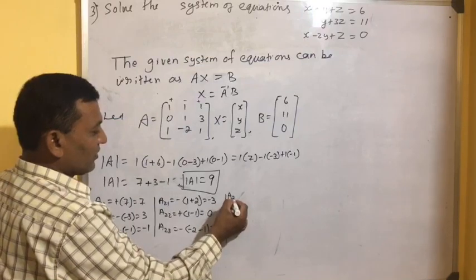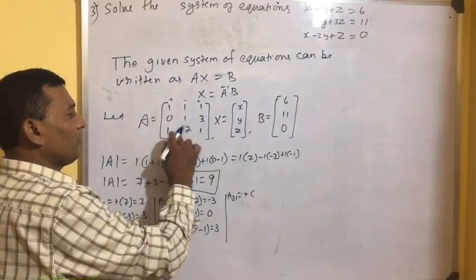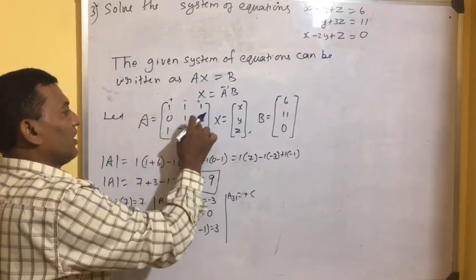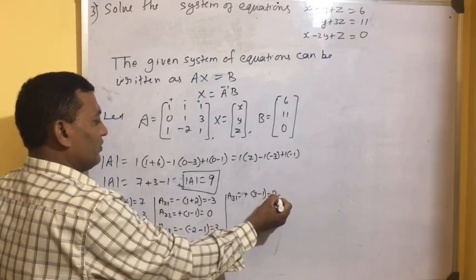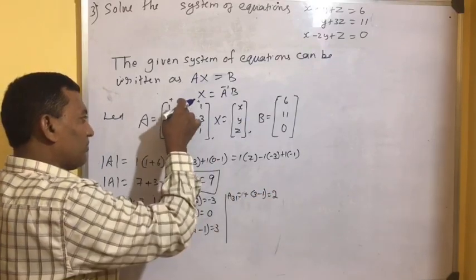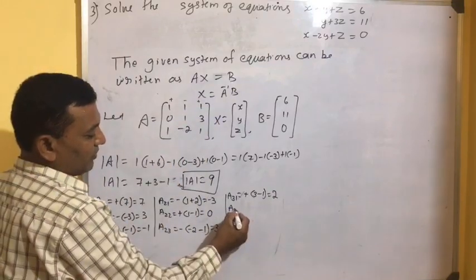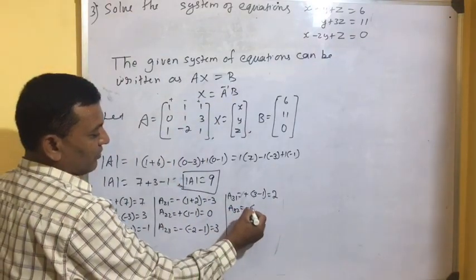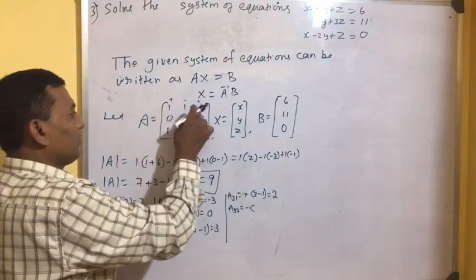Now I will go for the cofactors of the third row, A31. After minus it is plus. Leaving this column and this row, it is 3 minus 1. Very carefully you should do this one. Always it's principal diagonal minus non-principal diagonal. Here if you do it the opposite way, you will get the wrong answer. A32 is equal to minus of, leaving this column and this row, 1 into 3 is 3, 0 into 1 is 0.